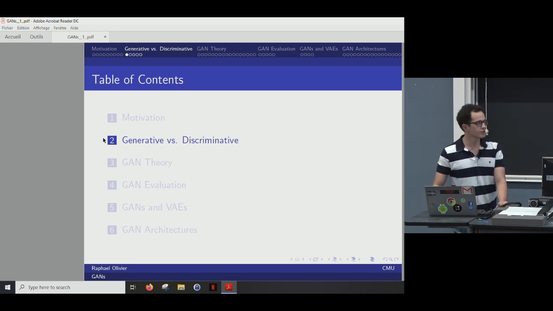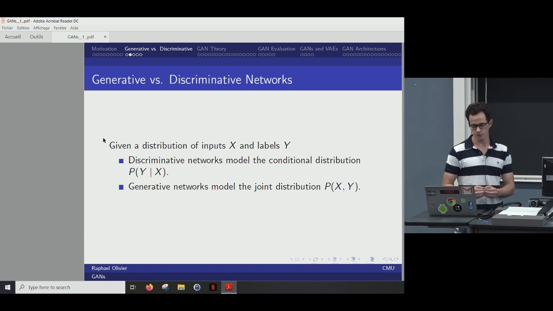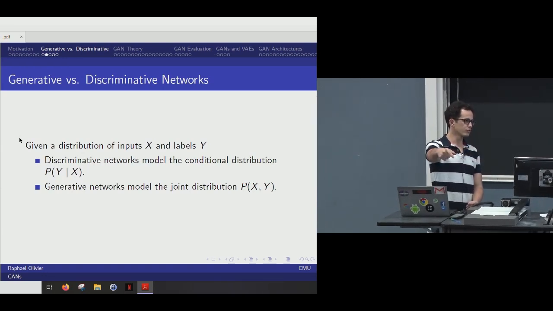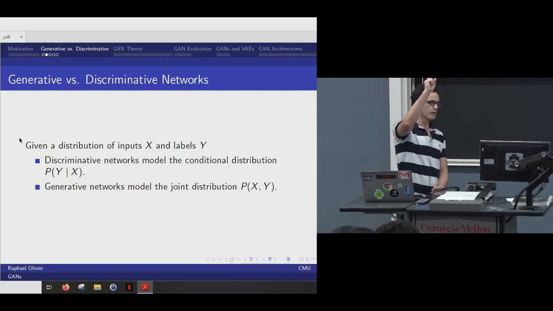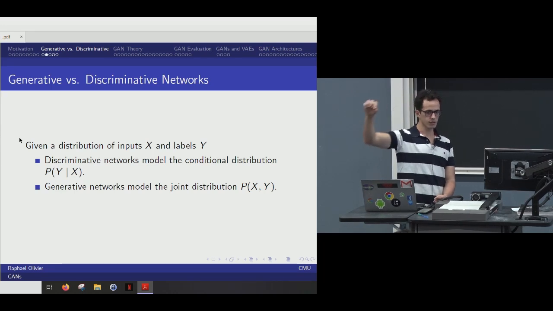In GANs, the G stands for generative. That actually goes a long way back. Generative models differ from discriminative models, which should be most of the ones that you've seen so far. In discriminative models, you're given, say, inputs X and labels Y. That could be figures for MNIST, or if you're doing speech to text, like you've probably done, Y would be the phonemes or the sequences of letters.